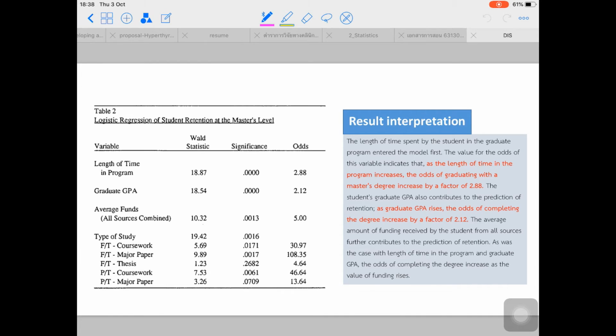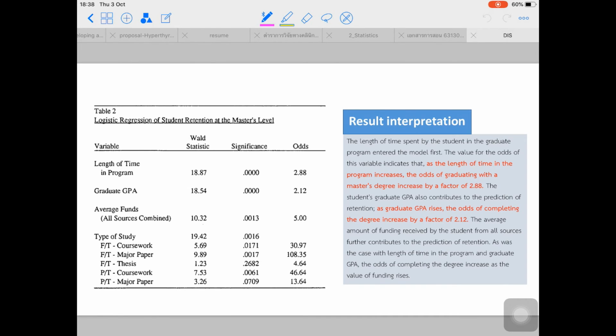And this is the table showing logistic regression of student retention at the master's level. For the result interpretation, as the length of time in the program increased, the odds of graduating with a master's degree increased by a factor of 2.88.